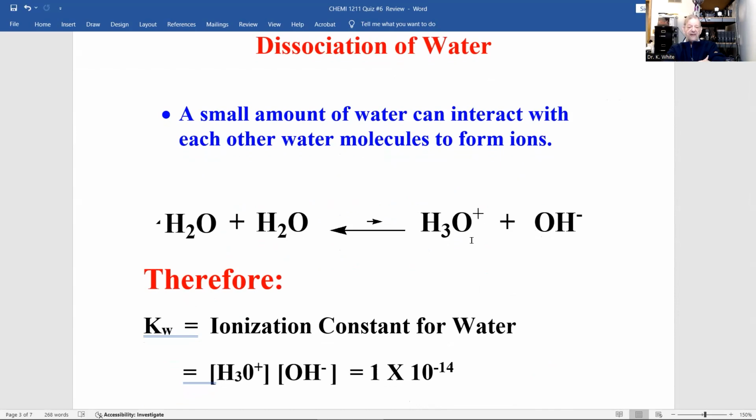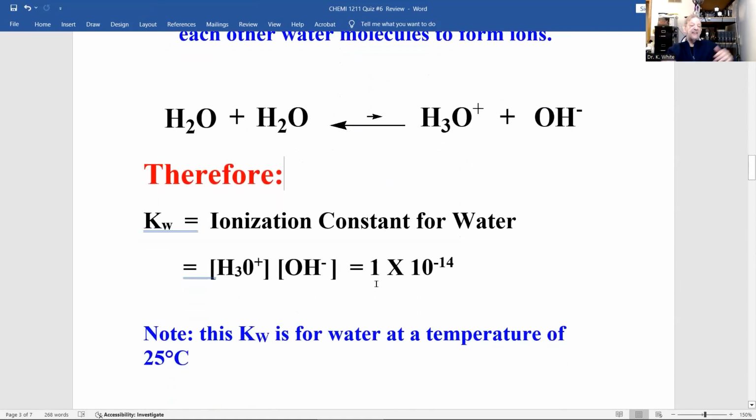Now, this is an equilibrium, but because water is always in such a great amount, they took that out of the equilibrium constant and came up with something called Kw, named after me. I wish it was in place long before I was born, but it sounds nice. And that's the ionization constant for water.